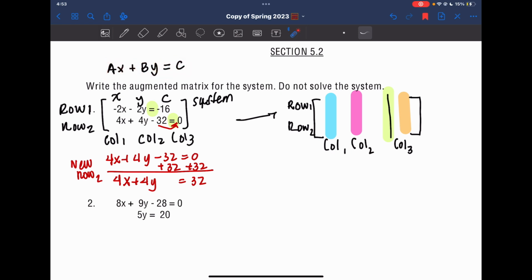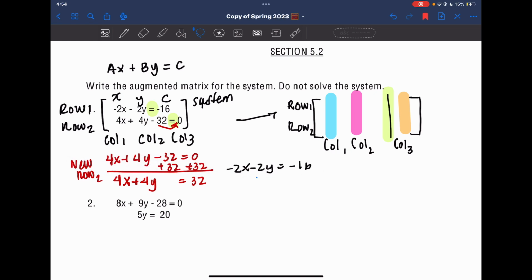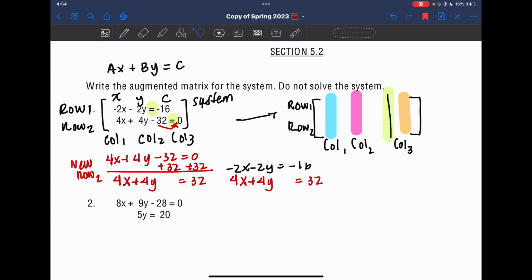So that's what we're going to do. So we're going to have our new system, negative 2x minus 2y equals negative 16. And then we're going to take this right here, our new row 2, and we are going to put it in our new system. So put this all together. There we go.